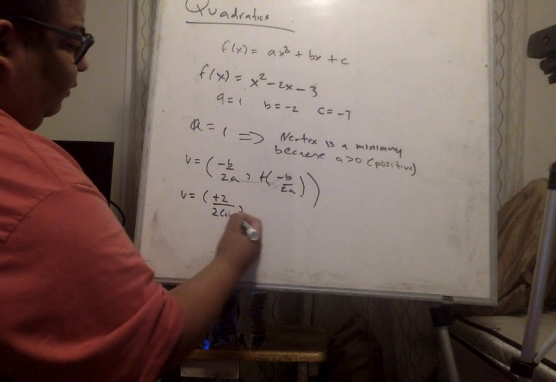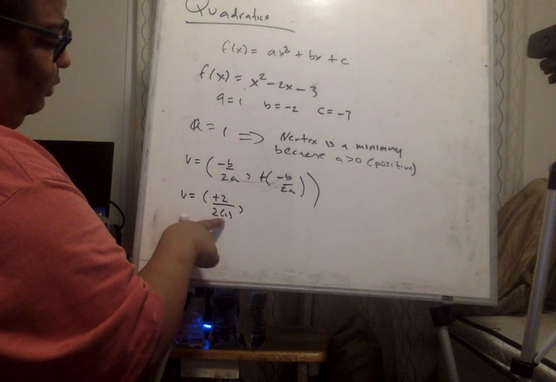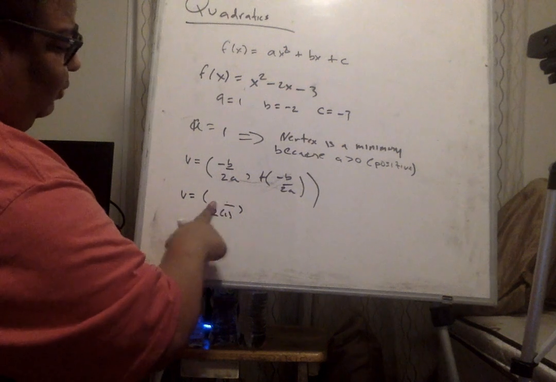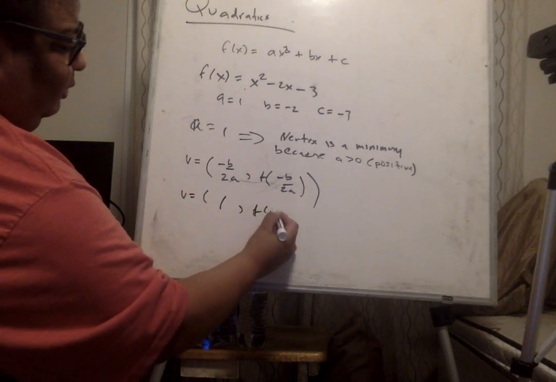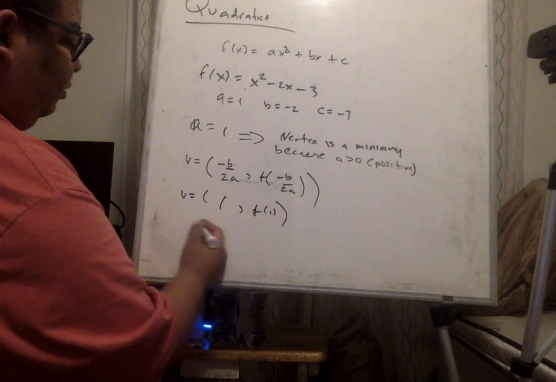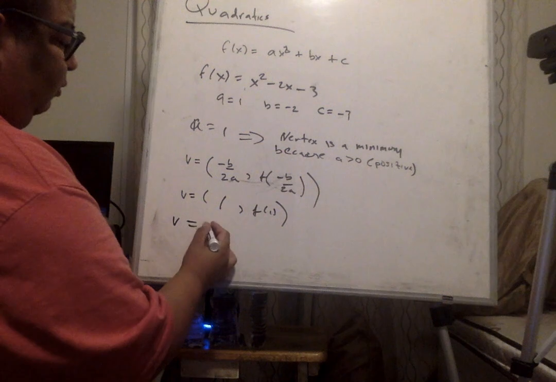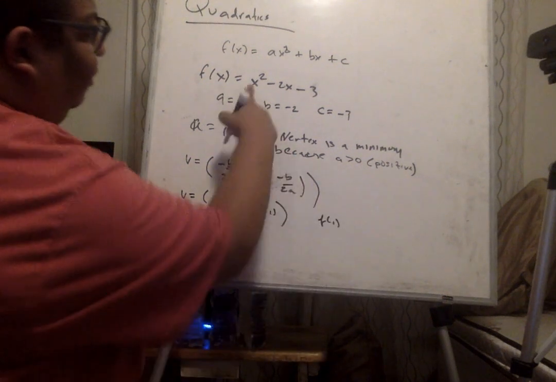And then, what's 2 over 2 times 1? That's just 1. And then f of 1 gives me the y value of the vertex. So how do I do that? f of 1, we plug it in here.